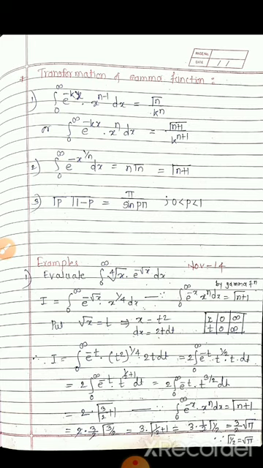So 2 into gamma of 3 by 2 plus 1 is nothing but 3 by 2 into gamma 3 by 2, using the second property, gamma n plus 1 is equal to n into gamma n. Again 3 by 2 is converted into 1 half plus 1. So we get 3 into 1 half into gamma half, and this is nothing but 3 by 2 into root pi, because gamma half is root pi. Hence our answer, the evaluation, is 3 by 2 root pi.